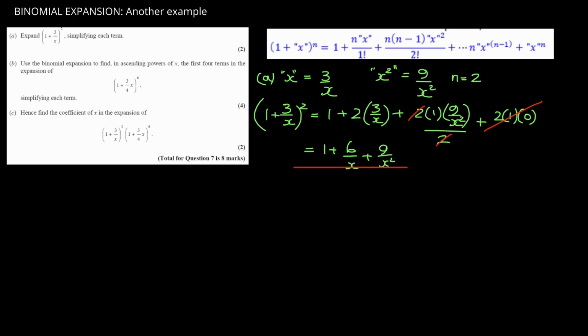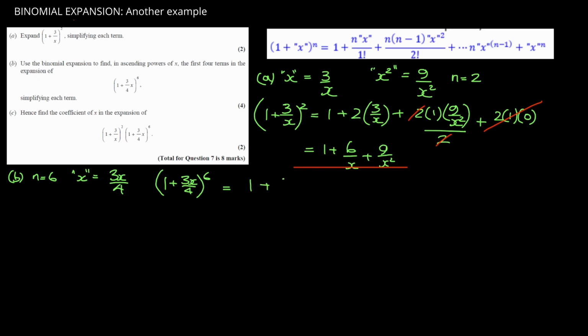Now, in part B, we've got to find the first 4 terms of this expression. Okay, we've got n is equal to 6, and we've got 'x' is equal to 3x over 4. And we've got to do this for the first 4 terms. So 1 plus 3x over 4 raised to the power 6 will be equal to 1 plus n times 'x' over 1.